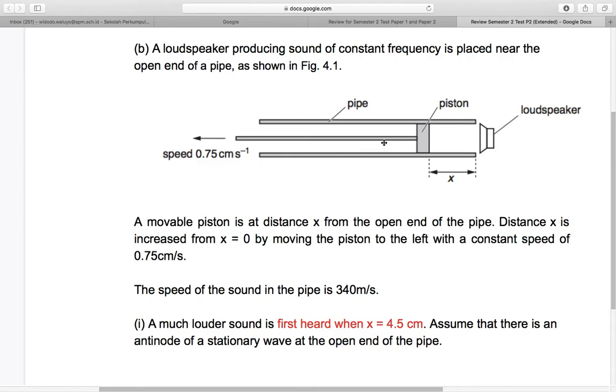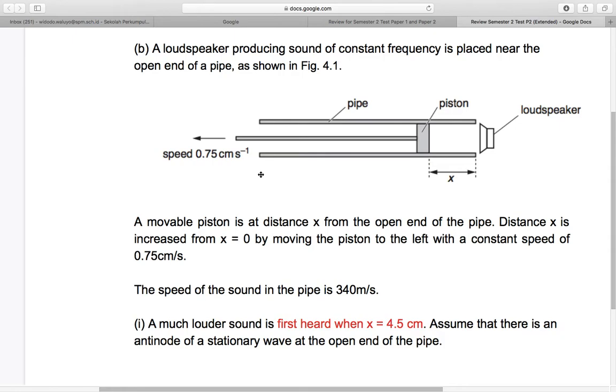They have a pipe, and a loudspeaker, with a movable piston at distance x from the open end of the pipe.